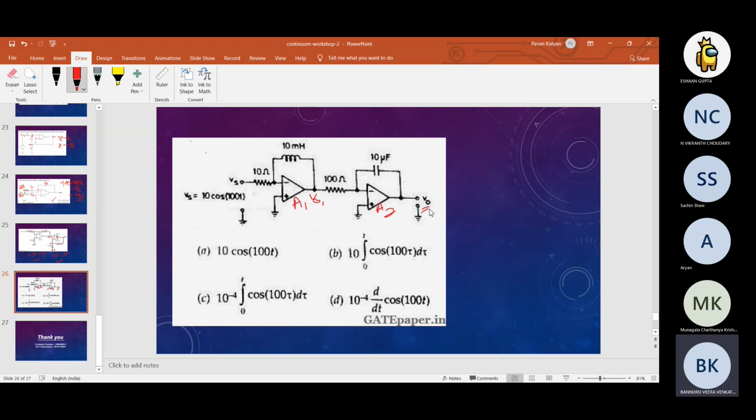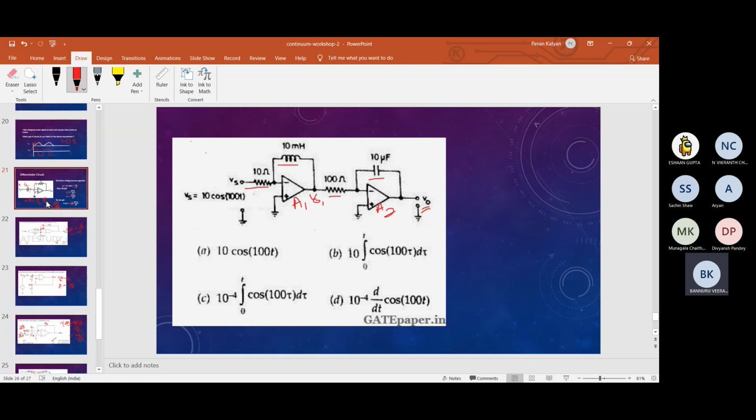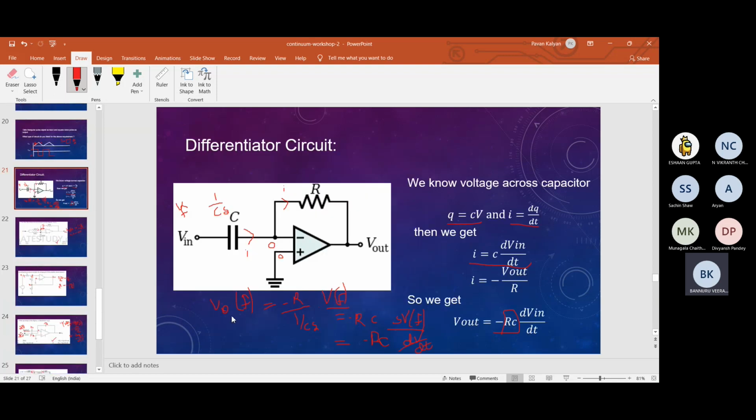So we need to find V out for this question. And if we do it in the Laplace domain, it will be nothing but two resistors, as I already discussed for this differentiator circuit here. It will be nothing but R2 by R1 times of V input.